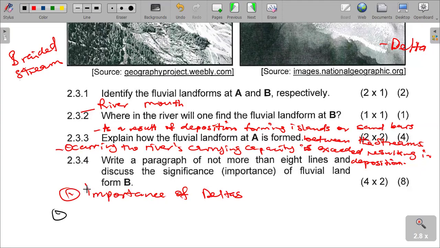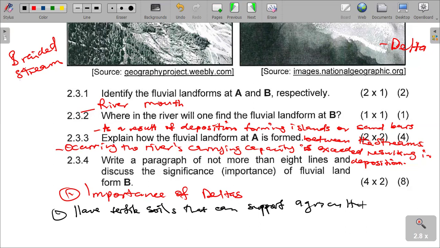One, they have fertile soils that can support agricultural activities like farming.